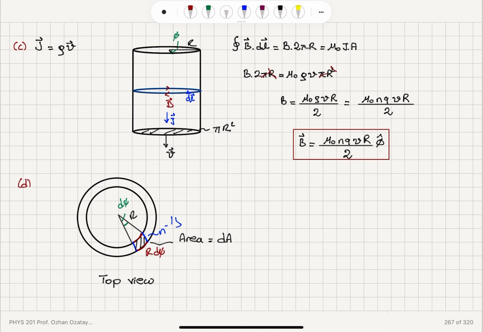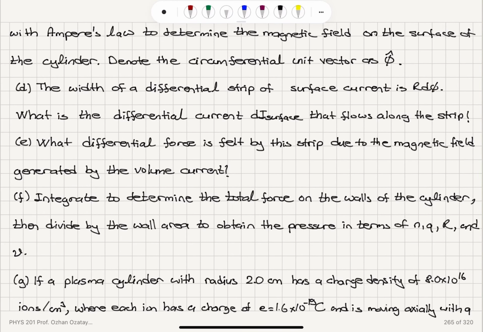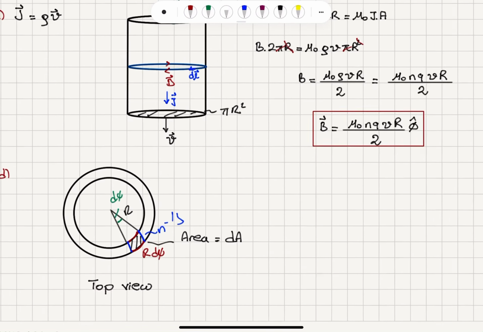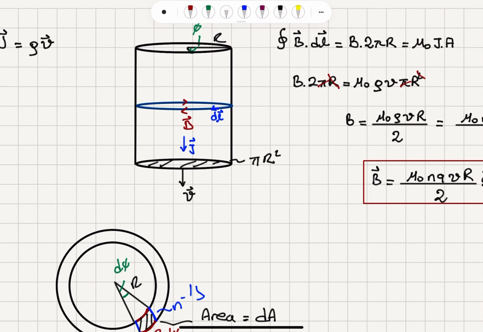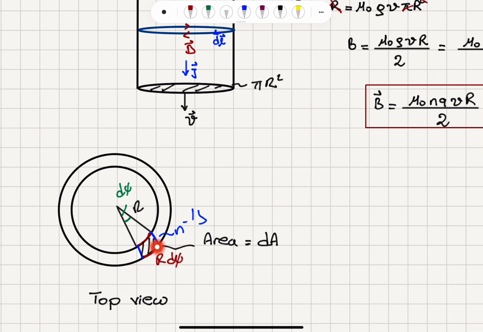All right, so let's take a look at part D. The width of a differential strip of surface current is R d phi. What is the differential current di surface that flows along the strip? Okay, so when I define this angle phi here, R d phi is this arc length.